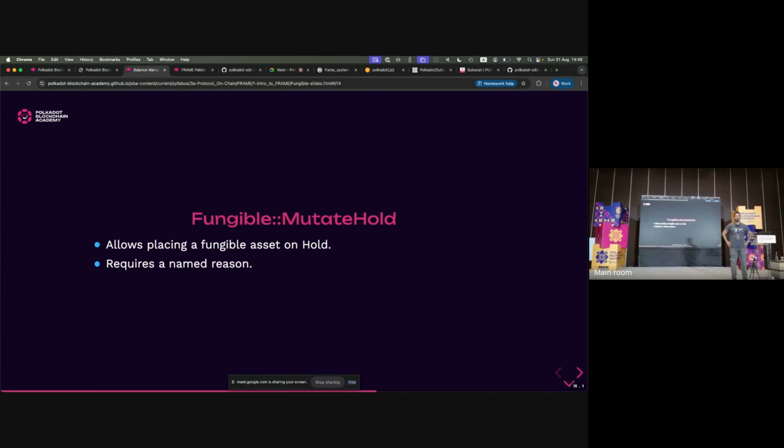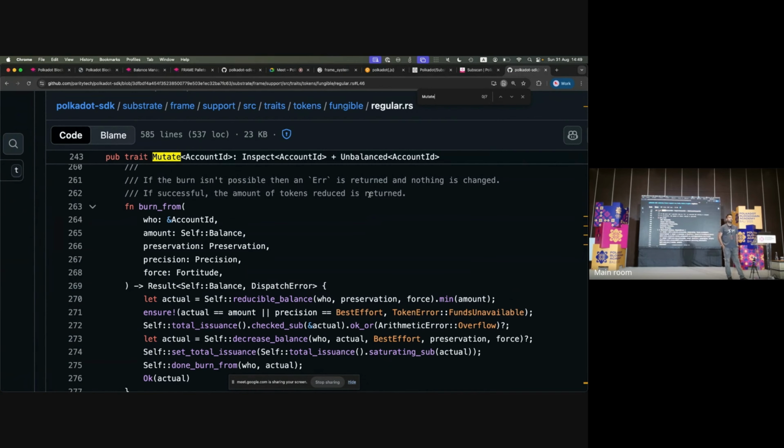About mutate hold? Yeah, I'm checking the file where we have so many functions. Some of them are kind of private, so the visibility is only within the crate itself. Is it correct?